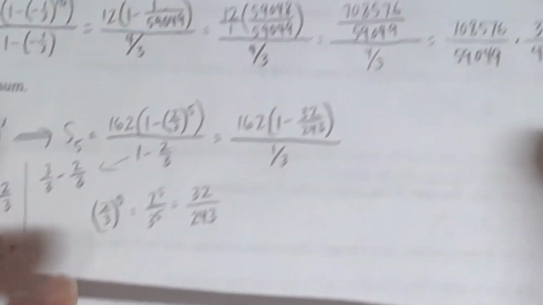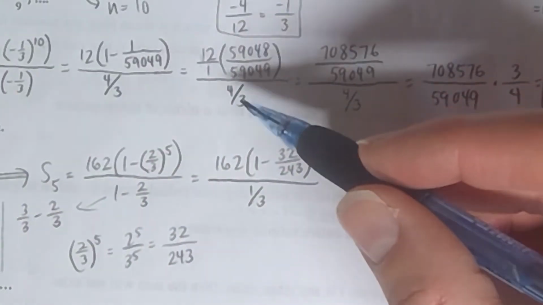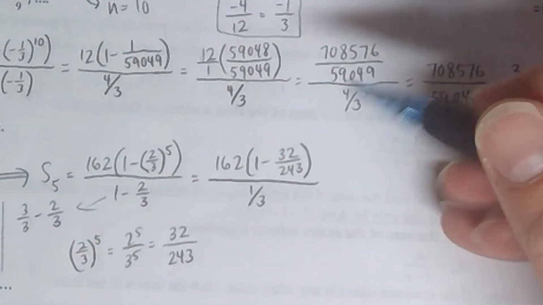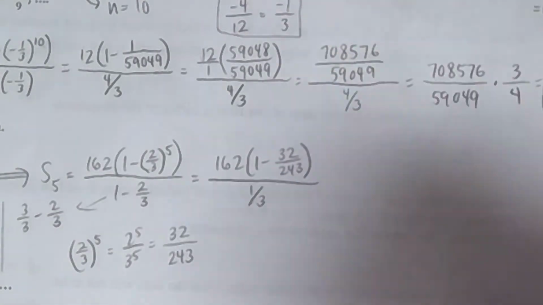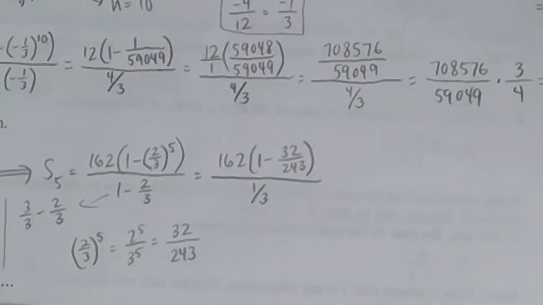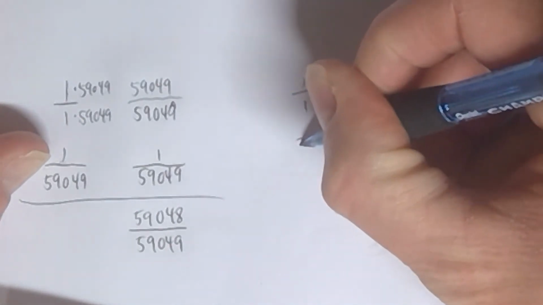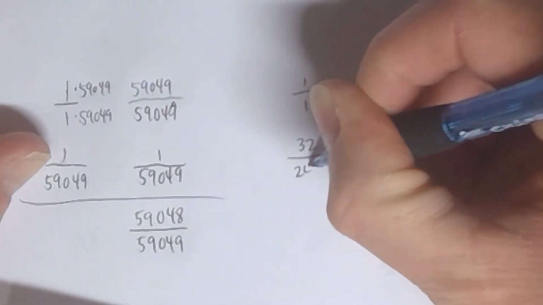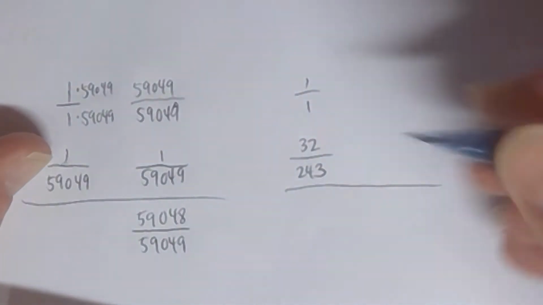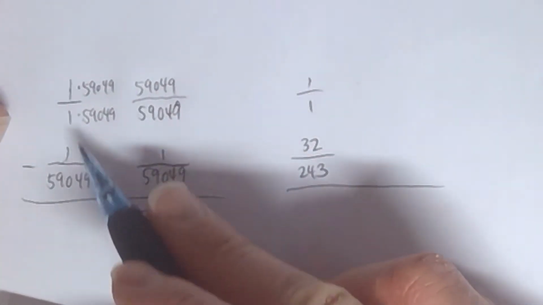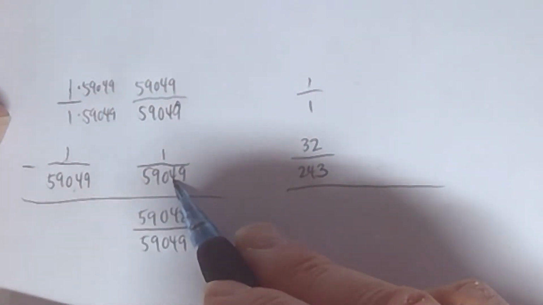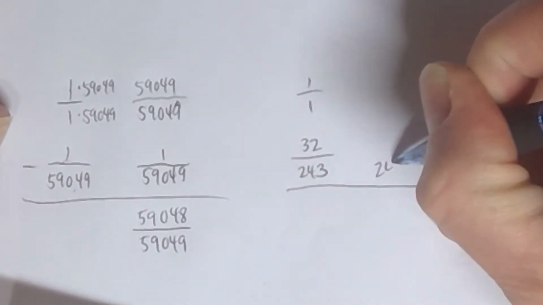Okay, so we're kind of going along the same path that we went on in this problem up here, just the numbers aren't quite as big. Okay, what is 1 minus 32 over 243? Same thing that we did with the problem up here. When one of your denominators is equal to 1, then just like over here, that automatically means the other denominator is equal to your LCD.